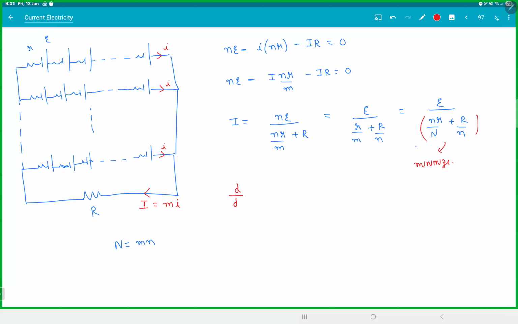So d by dn of nr by capital N plus R by n is 0. This would be r by N minus R by n square. You get n is equal to root over N capital R by small r. Check. And the small m becomes automatically root over N small r by capital R.